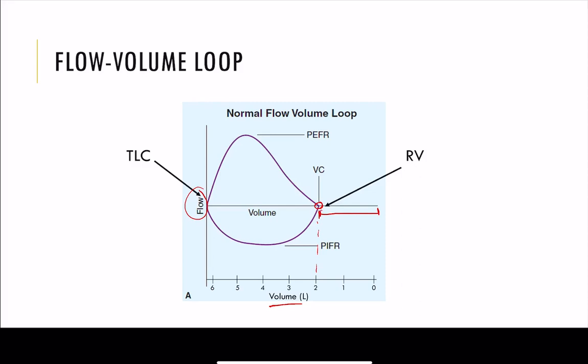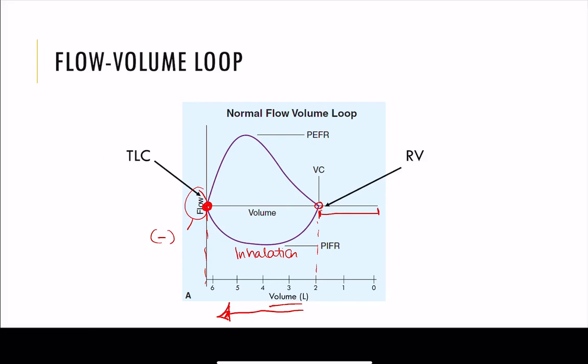And then you inhale, which creates a negative flow rate because this is your inhalation phase, as you fill the volume up. So total lung capacity, somewhere between 5 and 6 liters, represents a full maximal inhalation.